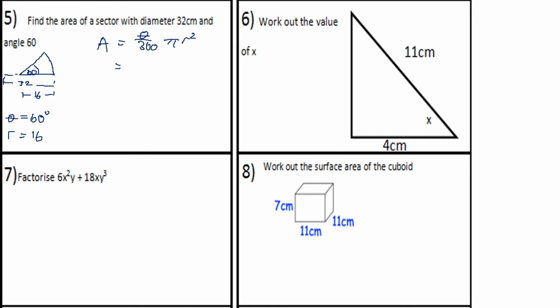So theta in this case, 60 over 360 times pi times radius squared. So that's going to be 1 over 6 times pi times 16 squared. Let's put that into our calculator.